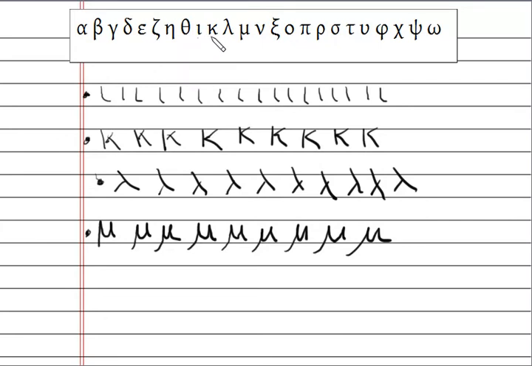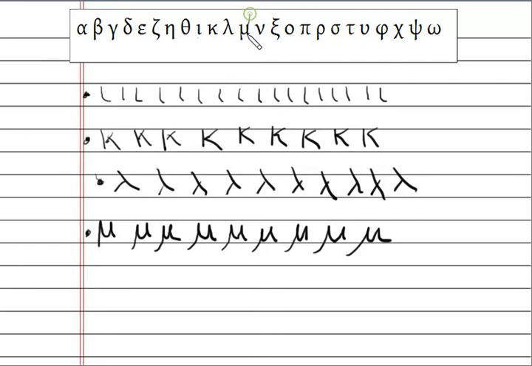Iota, kappa, lambda, mu. Iota, kappa, lambda, mu. Alpha, same with me. Alpha, beta, gamma, delta, epsilon, zeta, eta, theta, iota, kappa, lambda, mu.